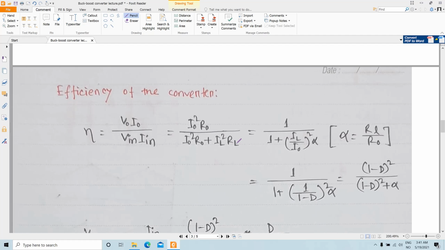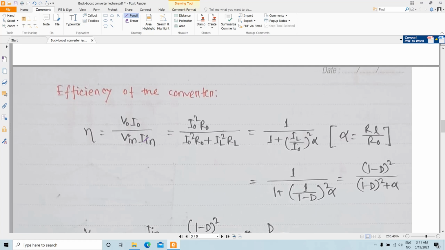All this causes losses in the converter, and in this particular example we have only considered the inductor stray resistance represented by RL.